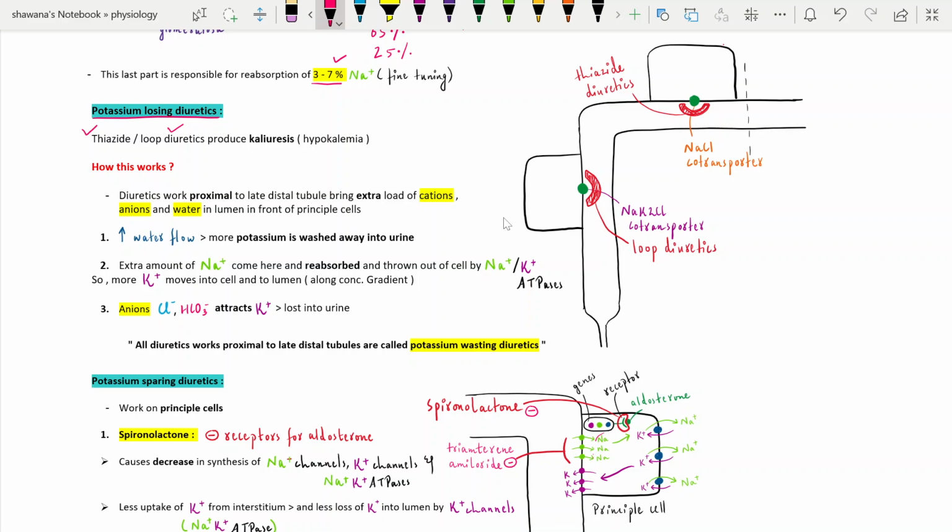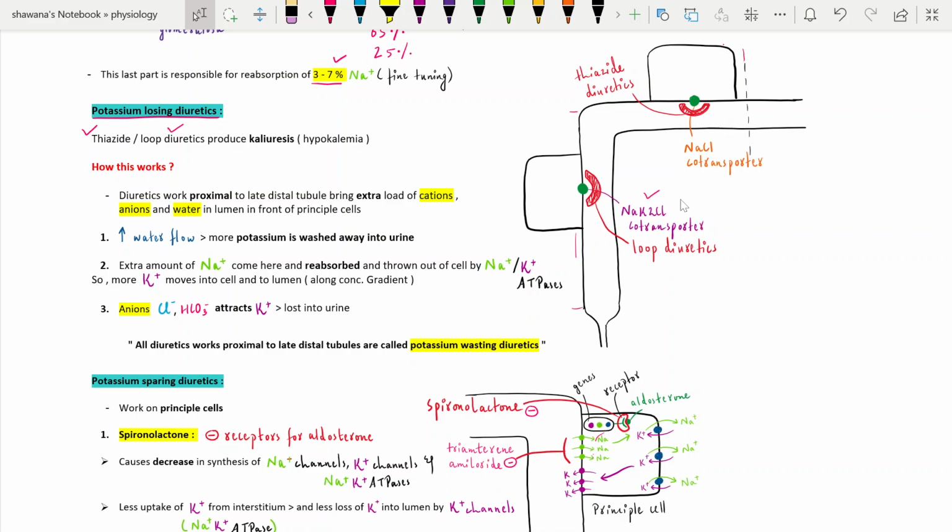As you remember from the previous lecture, this is the thick part of the ascending limb of loop of Henle, and there are specialized cells that have special transporters known as the sodium potassium 2 chloride co-transporter on the luminal membrane.